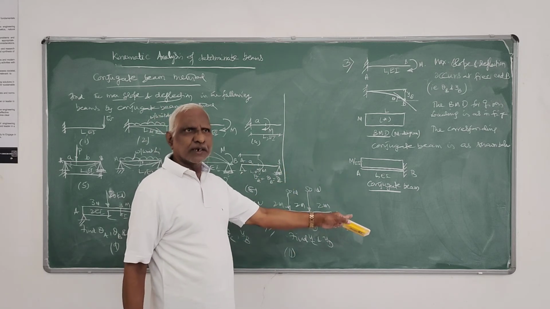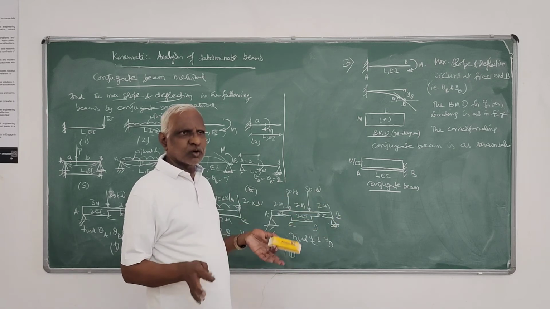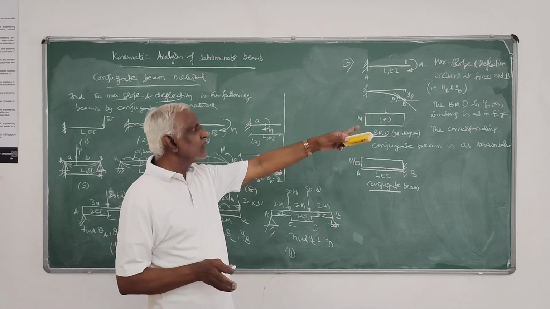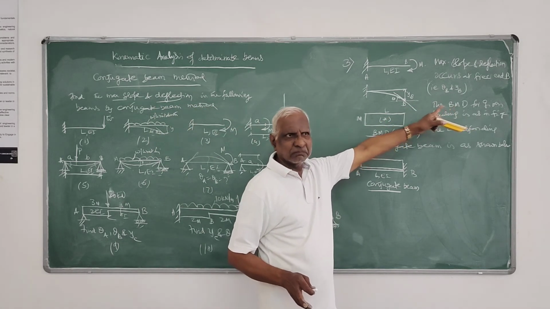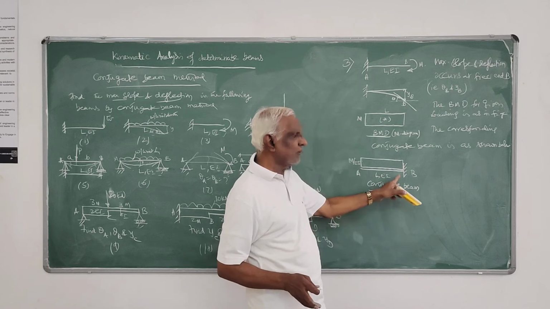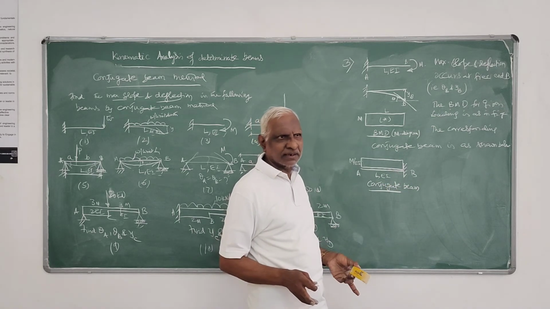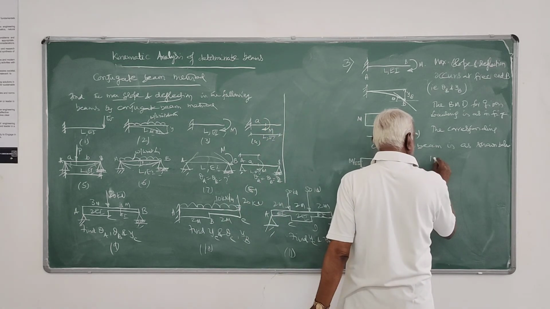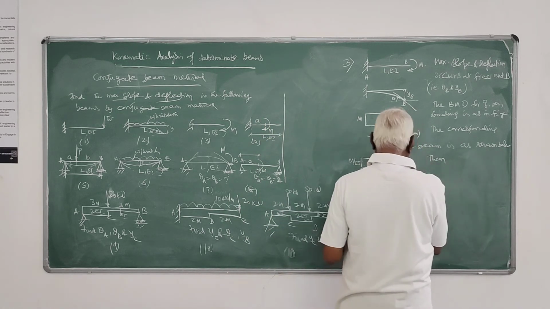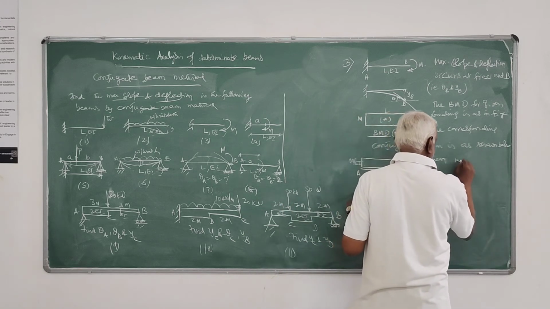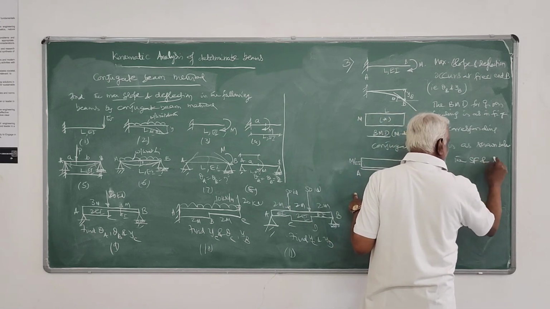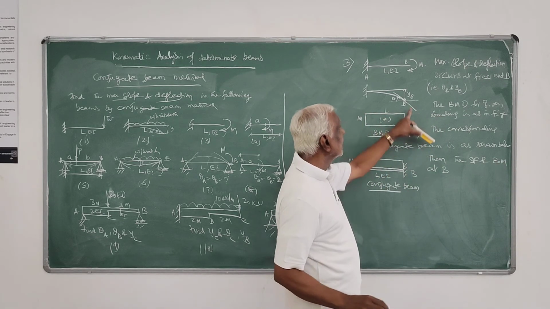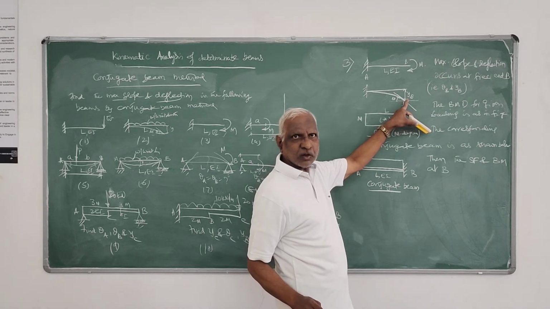Then in this conjugate beam, determine the shear force and bending moment at the point where you have to determine the slope and deflection. Right? Shear force and bending moment diagram, you can determine here, and you will get slope and deflection. So as shown in the figure, the shear force and bending moment at B, that's where we have to determine slope and deflection.